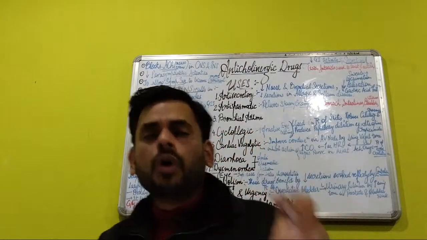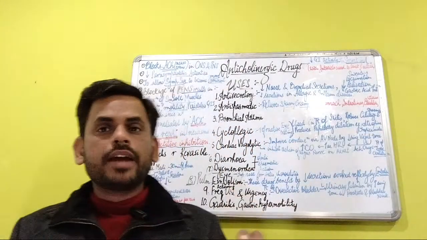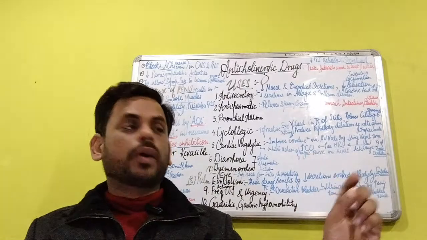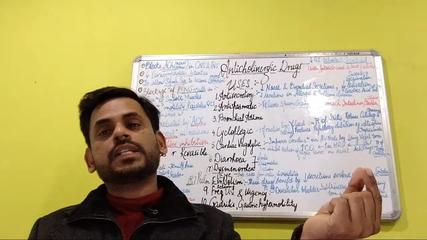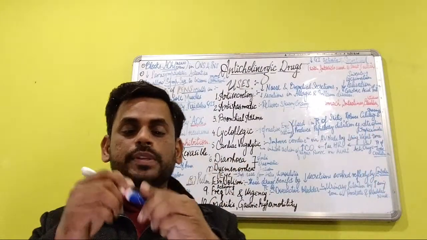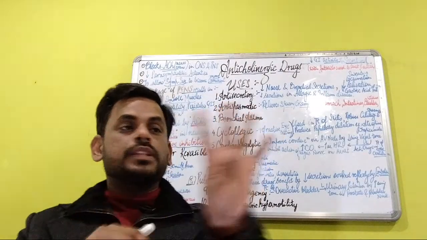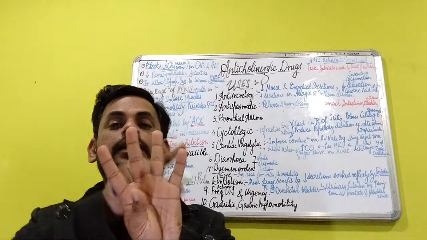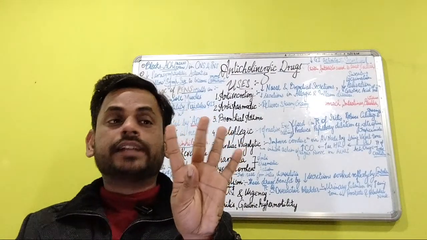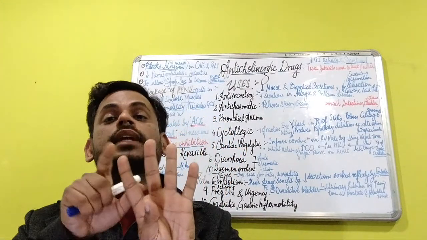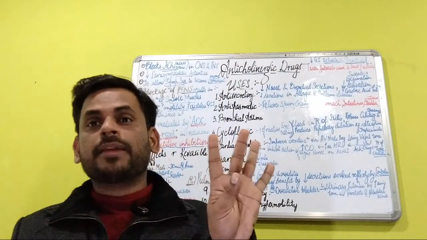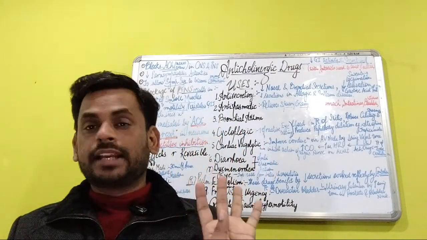In normal physiology, supposing this is a receptor site on the neuron, these four tips of my fingers are the receptor sites on the neurons where the acetylcholine comes and binds and exerts its effect.